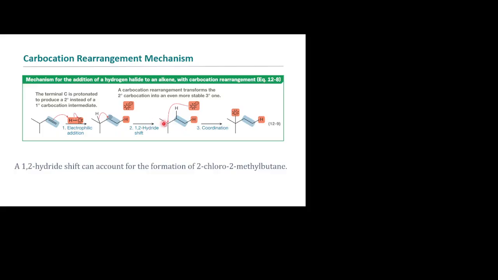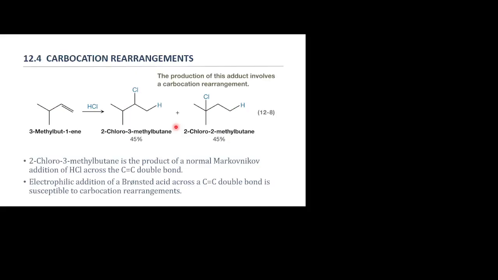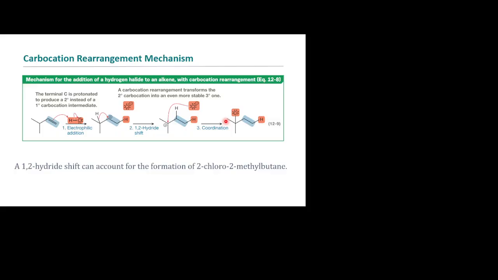We're making the more stable one right here. That's the more stable one, which is the tertiary carbocation. This right here is the most stable carbocation. That's the one for the one we just did right here.